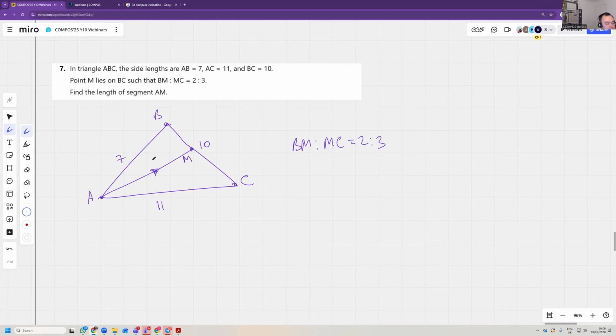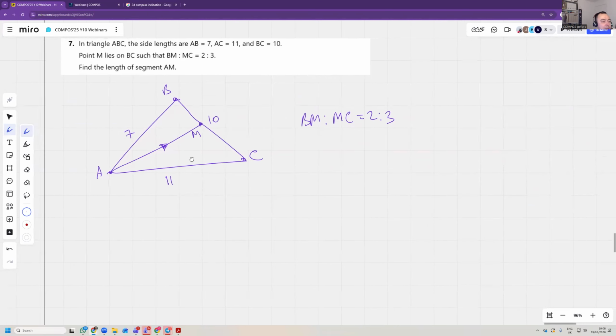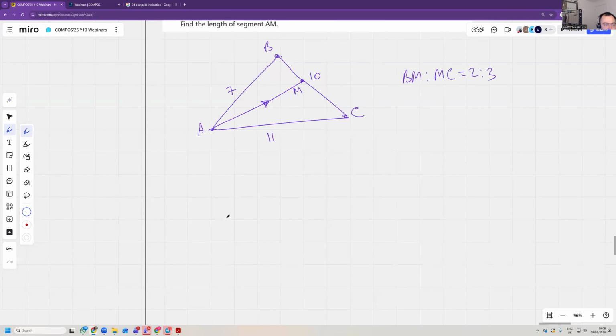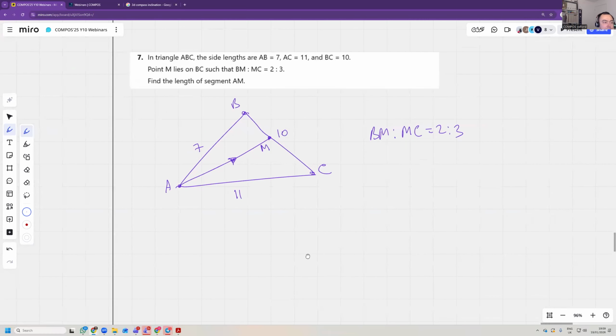Well, we could place the triangle in a coordinate system again. AB is 7, AC is 11.